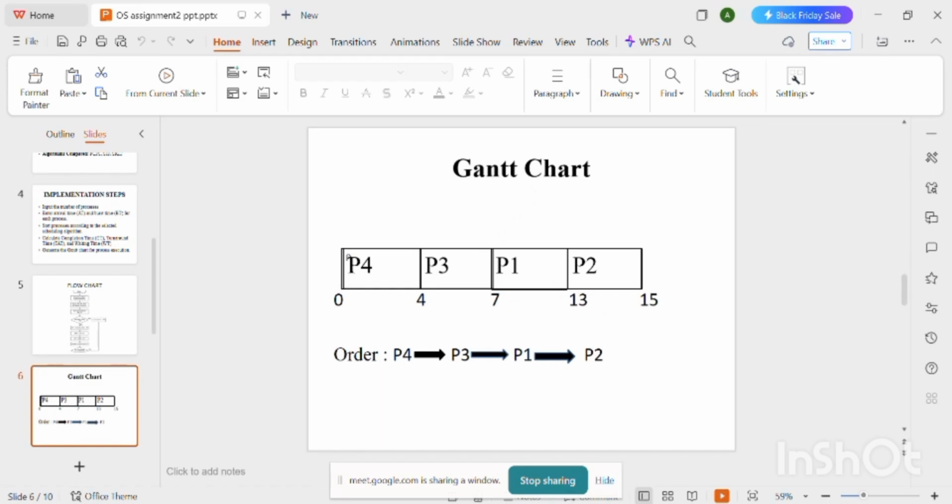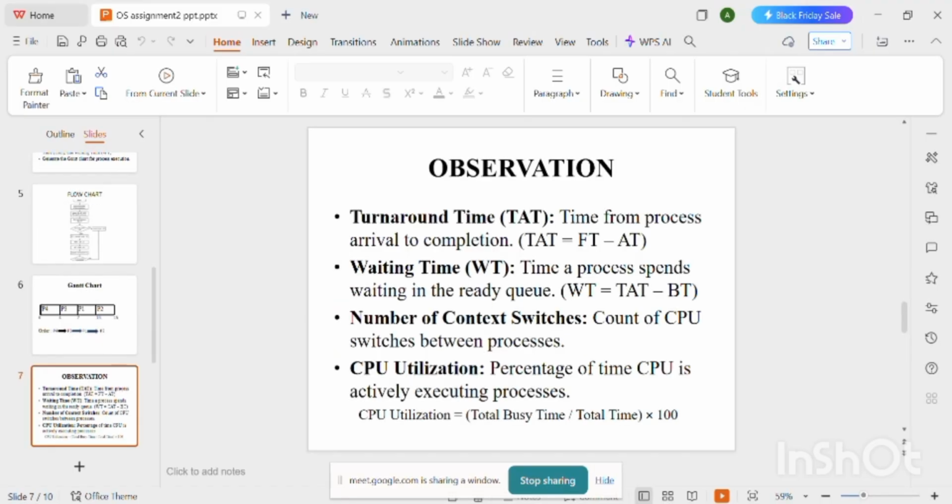It shows the CPU execution order: P4, P3, P1, P2. P4 runs 0 to 4, P3 runs 4 to 7, P1 runs 7 to 13, P2 runs 13 to 15. Each block shows when a process starts and finishes.